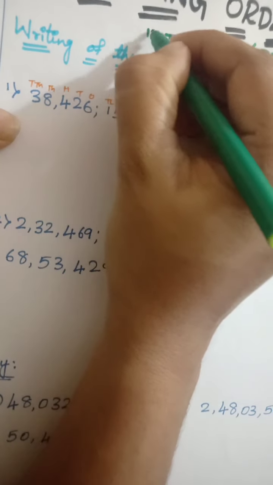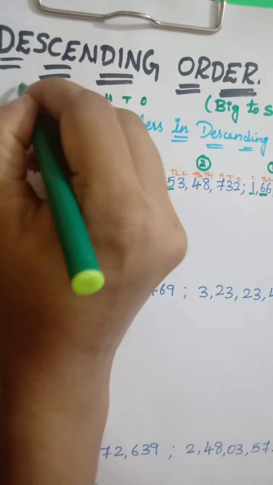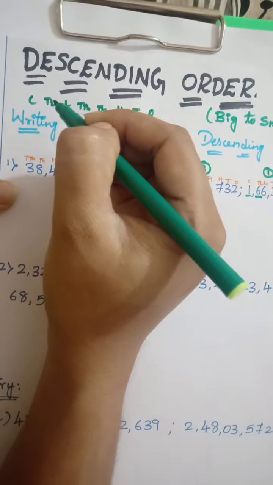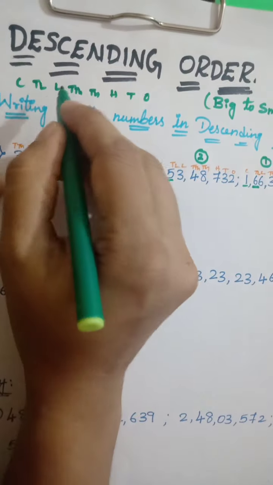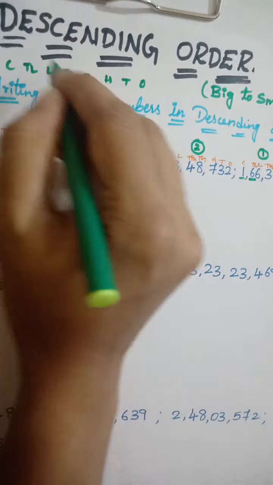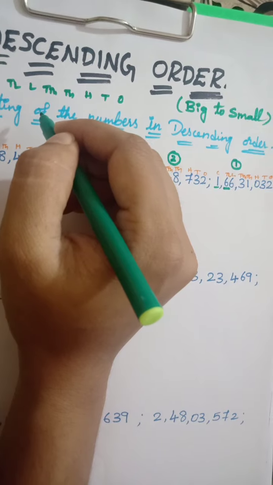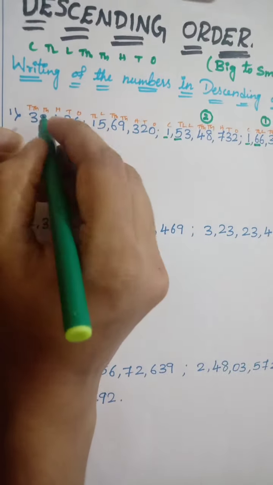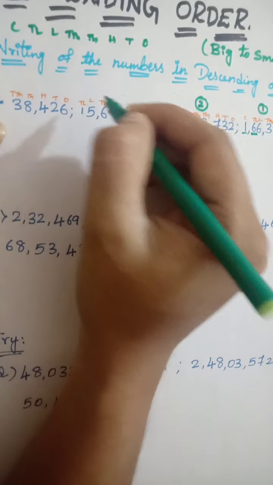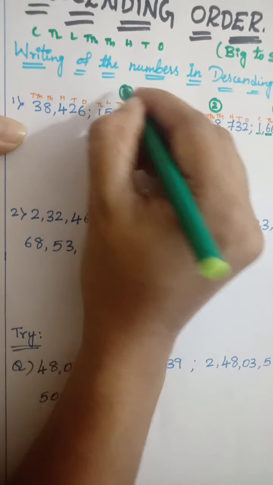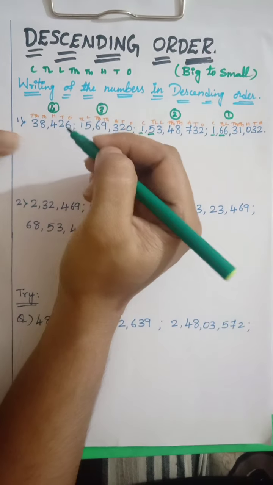Ones, tens, hundreds, thousand, 10,000, lakh, 10 lakh, crore. Always, lakh is on the left side of 10,000, so lakh is greater than 10,000. Remember that. So 10 lakh is greater than 10,000. So the third place will be written and the fourth place will be given for this number.